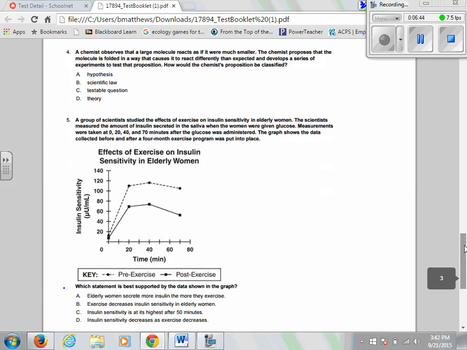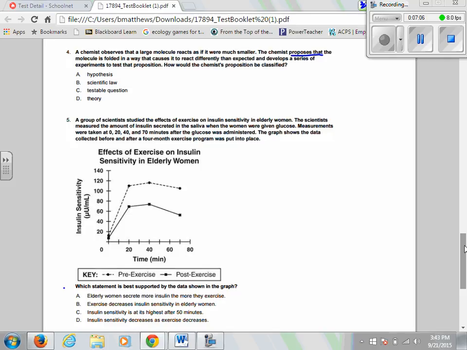A chemist observes that a large molecule reacts as if it were much smaller. The chemist proposes that the molecule is folded in a way that causes it to react differently than expected, and develops a series of experiments to test that proposition. How will the chemist's proposition be classified? Whenever you propose something, it doesn't mean that you have to be right. It's just a proposition.